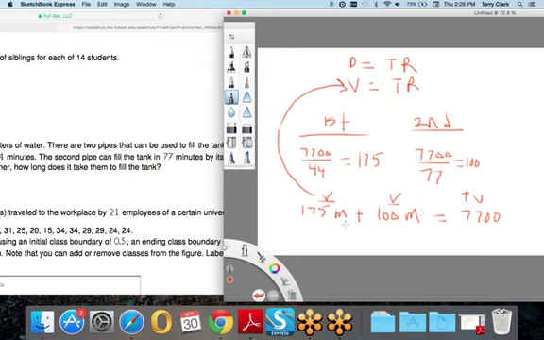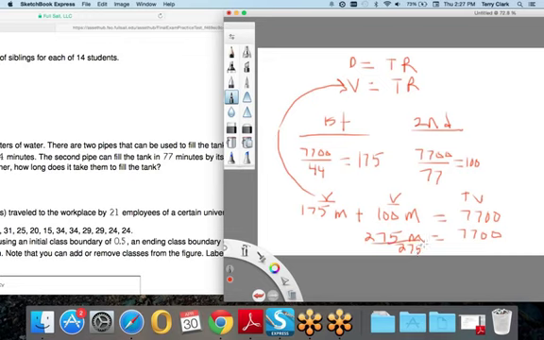So now I got 175 m plus 100 m. That's going to be 275 m, and then that's going to equal 7,700. From here, I'll divide 275 from both sides just to get the m by itself. Now, I could do like I did before.